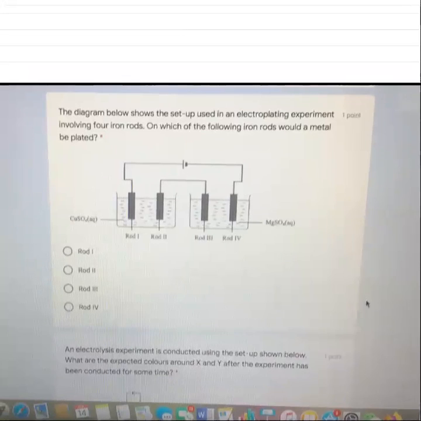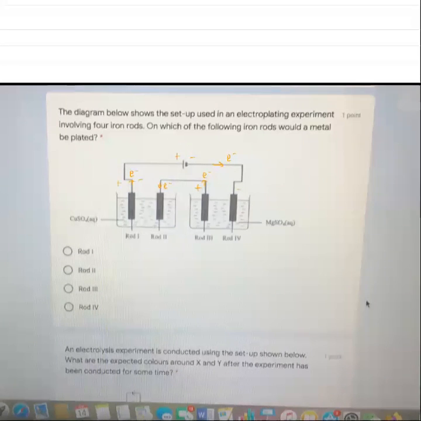Okay, next one. For this one, again the diagram. When we see the battery, we will be able to label the positive and negative electrodes. The negative electrode sends electrons, the positive electrode receives electrons. It says, on which of the iron rods would a metal be plated?